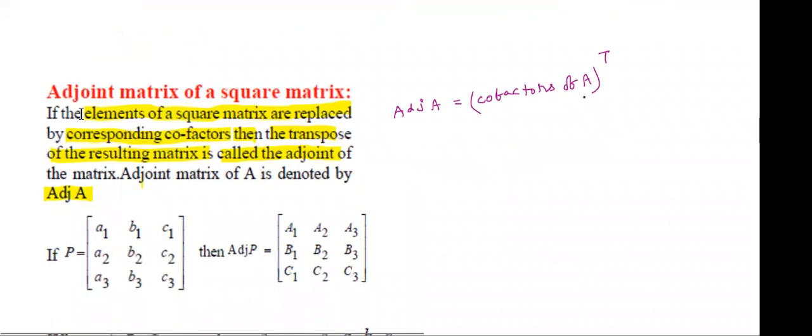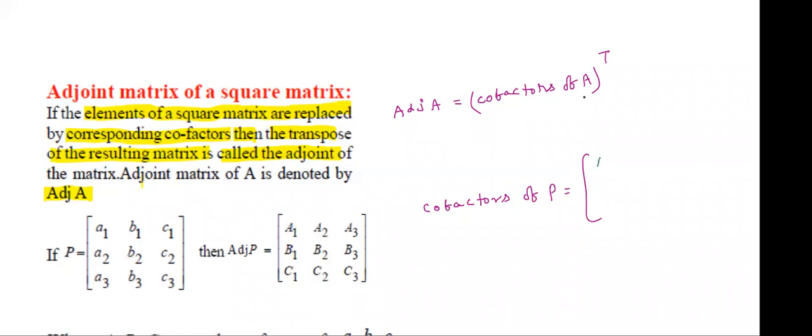Okay. See here, a matrix P is given. Then what are the cofactors of P? In matrix P there are small letters, and cofactors we write with capital letters.